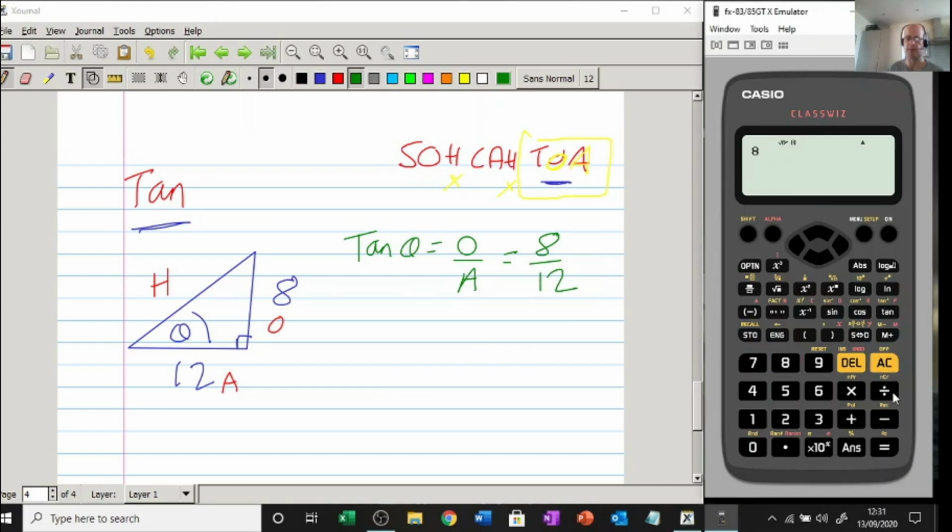They will give me this as the answer: 8 divided by 12, 2/3, or 0.666. Oh, don't like that devil number. 0.6666, that's recurring. I'll just put 0.67 there because I don't like it.